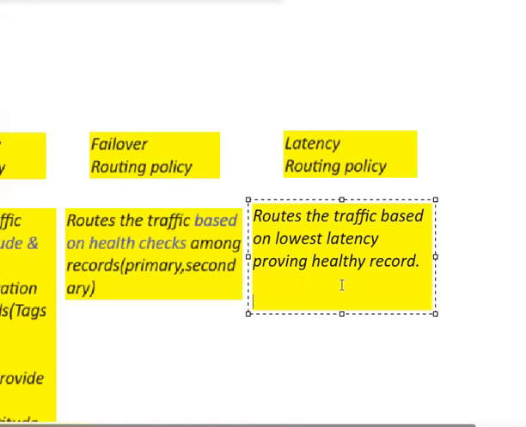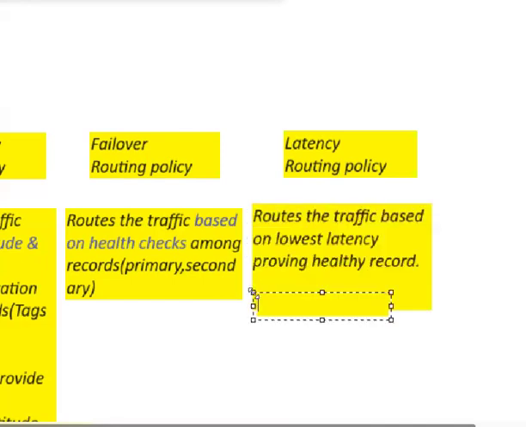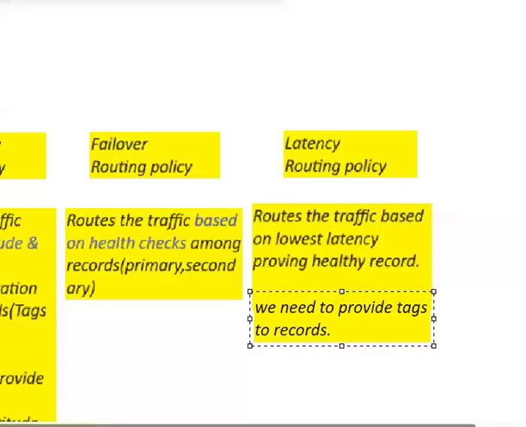Yeah. So how to identify whether a record is the lowest latency or not? AWS will identify the record that will provide you the lowest latency for your particular location based on tags. So whatever tag you provided for the record, it will pre-configure the latency to that particular record having that tag and route your traffic to that particular record where it provides you low latency.